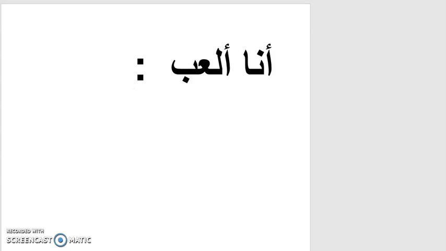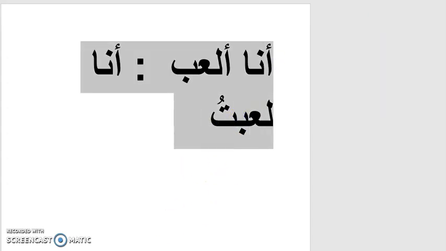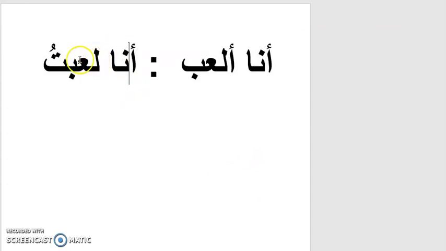What do you think the answer? أنا, I cancelled in the beginning, and I put the word as it is, and I just need to add t with ضمة. لعبت. So that's what actually happened. أنا لعبت. I only add t. That's it, no more.